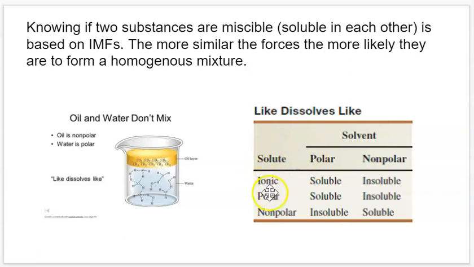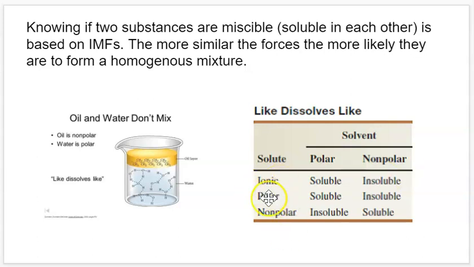So ionic substances are going to be usually soluble in polar things because you can have ion dipole interactions, but generally insoluble in nonpolar substances. It's not as easy to dissolve salt in oil as it is to dissolve salt in water.